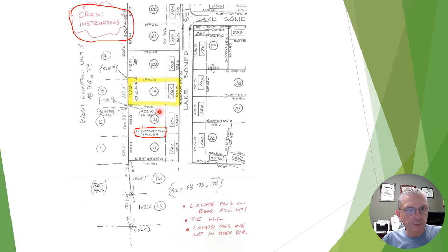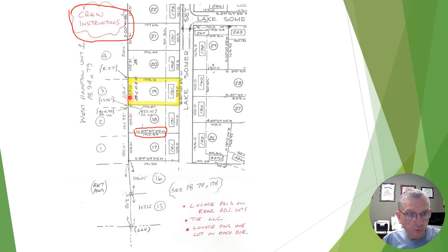We're taking a look, and we come up with right here 422.55 feet from the landlocked corner. That would be like our point of beginning if we were drafting a long legal description, not a lot and block or a plat reference legal like is in place for this lot. But if they wanted a metes and bounds description of this lot, we would say beginning at a point on the west line of land lot 315, blah, blah, blah, which lies 422.55 feet north of the southwest corner of the said land lot.